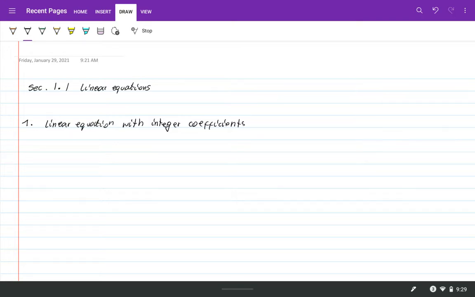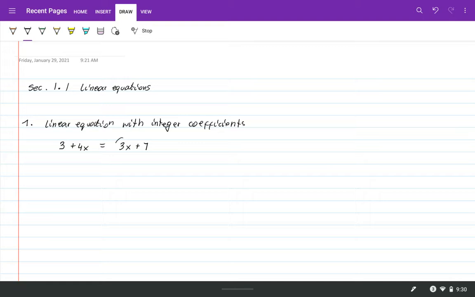So we have equation 3 plus 4x equal 3x plus 7. Okay, so to solve this linear equation, we want to have x's on the left side.